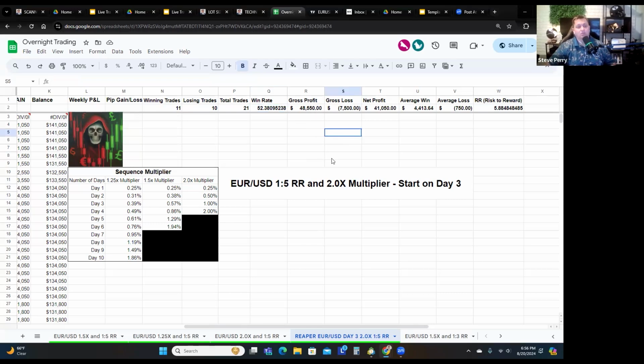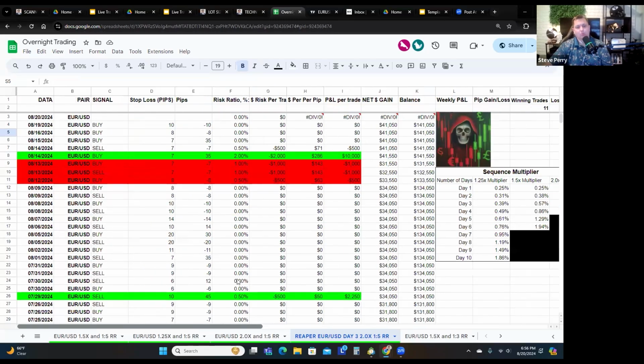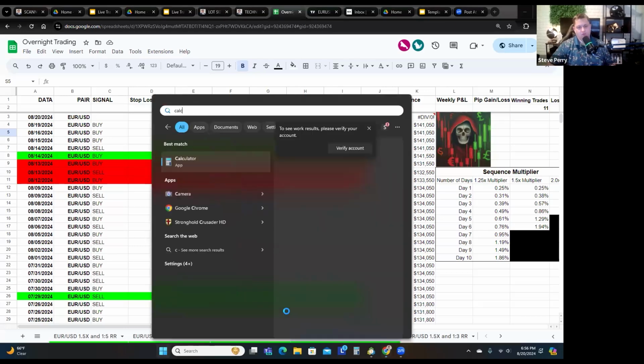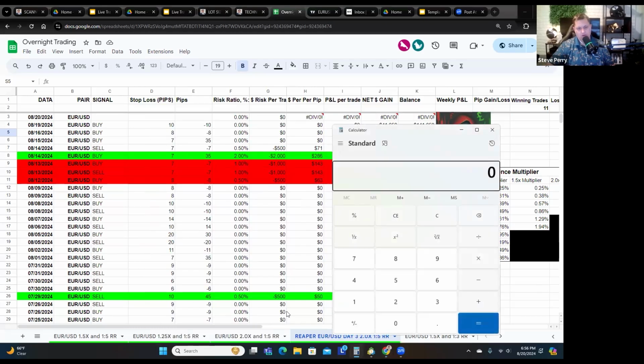And so his worst drawdown was 3%. The worst drawdown you could possibly incur with the Reaper, you technically could lose 2% times two.